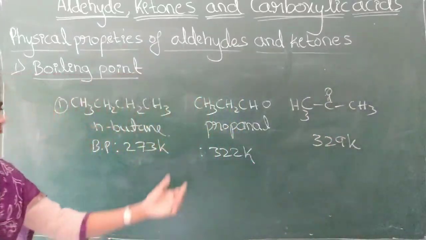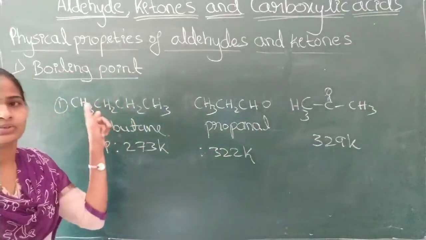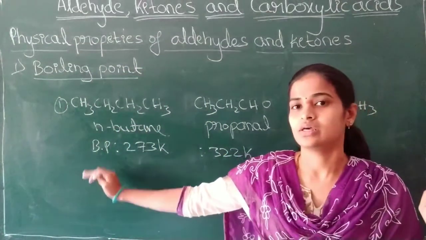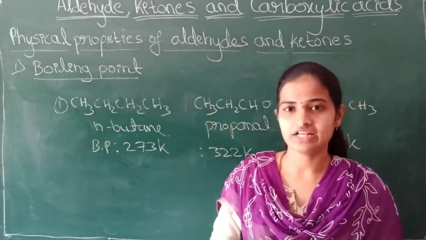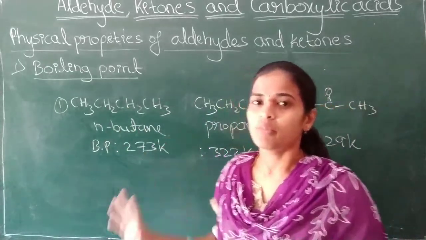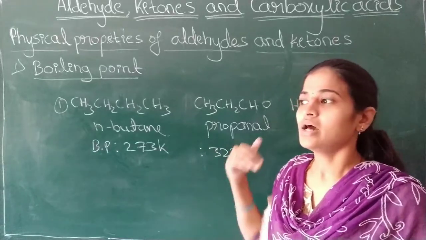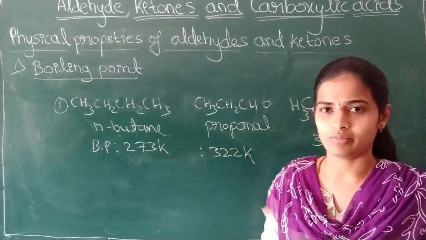You can see the boiling points of aldehydes and ketones are quite higher compared to the hydrocarbons. All have almost a similar molecular mass, 58 around. The boiling point of aldehydes and ketones is quite higher compared to the hydrocarbons and ethers of comparable molecular mass.